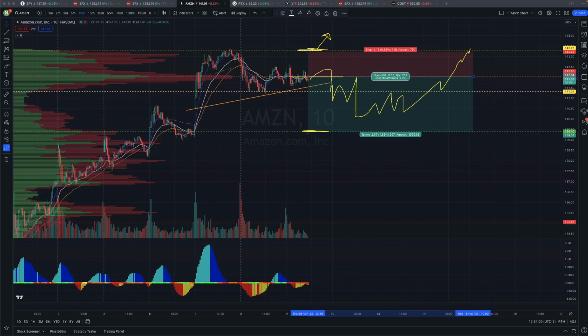So you can ask your broker how to set an OCO order and how you would do that with options. It's a little bit harder, but it's not impossible.